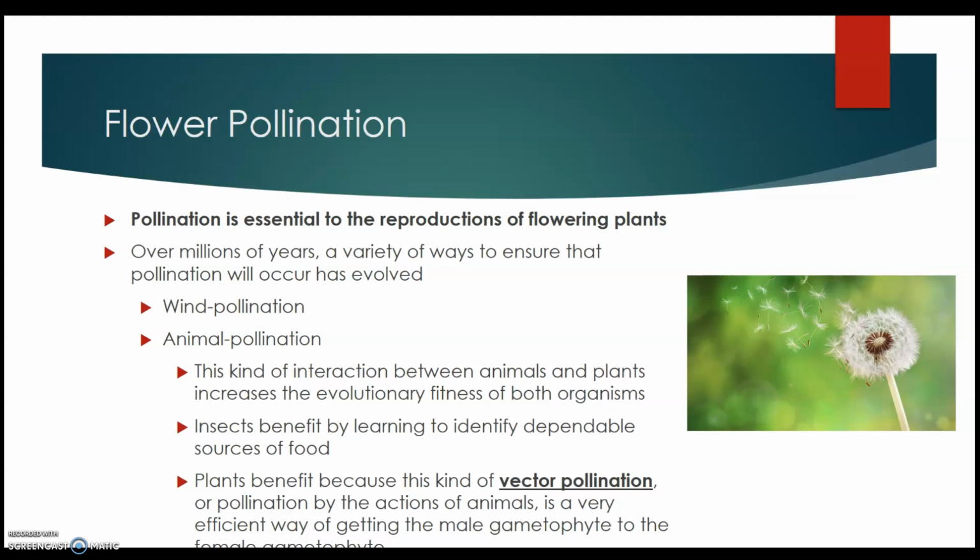If we're looking at the dandelion that's on the PowerPoint there, those little tufts of that seed are adapted in such a way that they can be transported easily by the wind. So if you look at the base of that, you can see these tiny little seeds that are being transported.